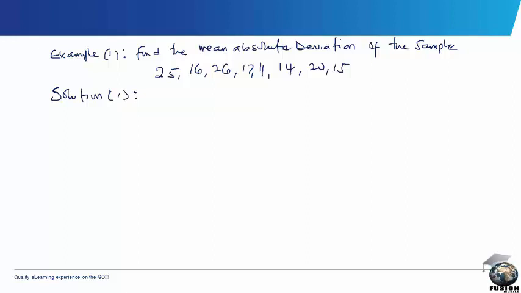The mean absolute deviation, MAD, is equal to the summation of |x minus x bar| all over n.